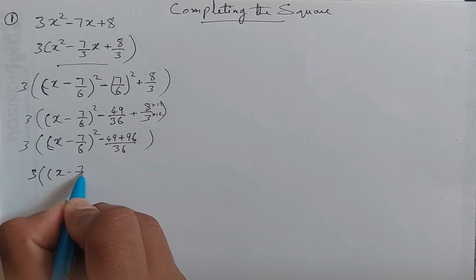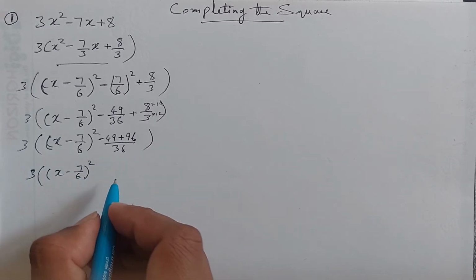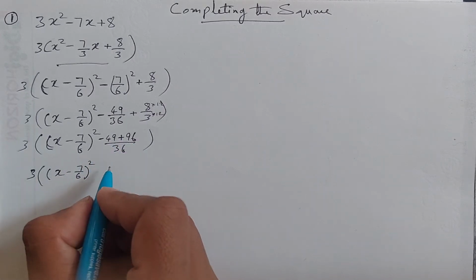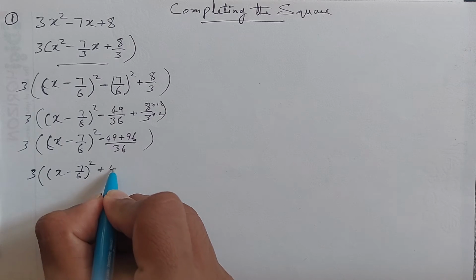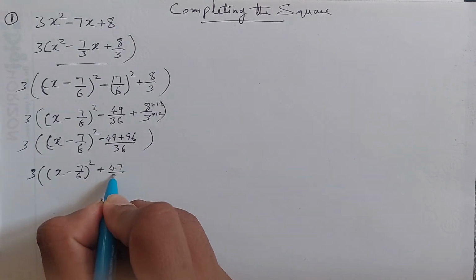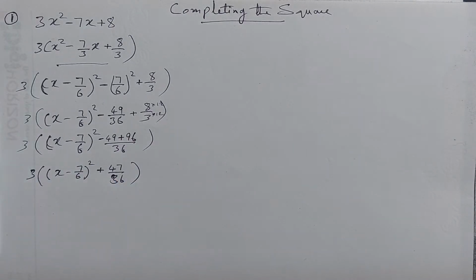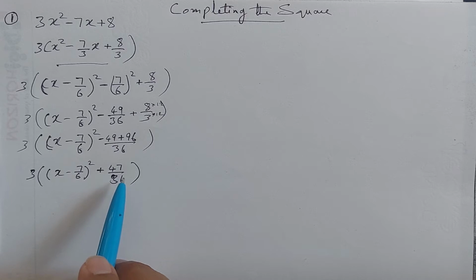When you collect the numbers, it'll become plus 47 over 36. So minus 49 plus 96 is 47, 47 over 36.